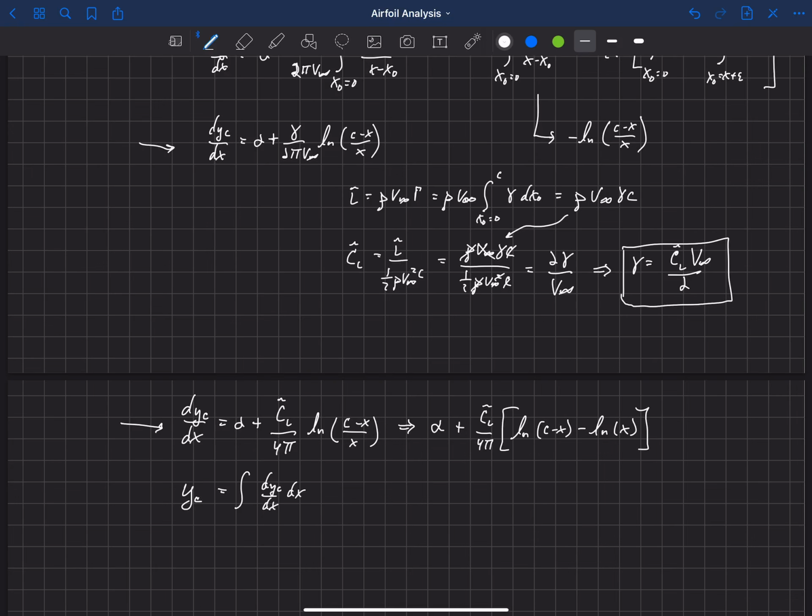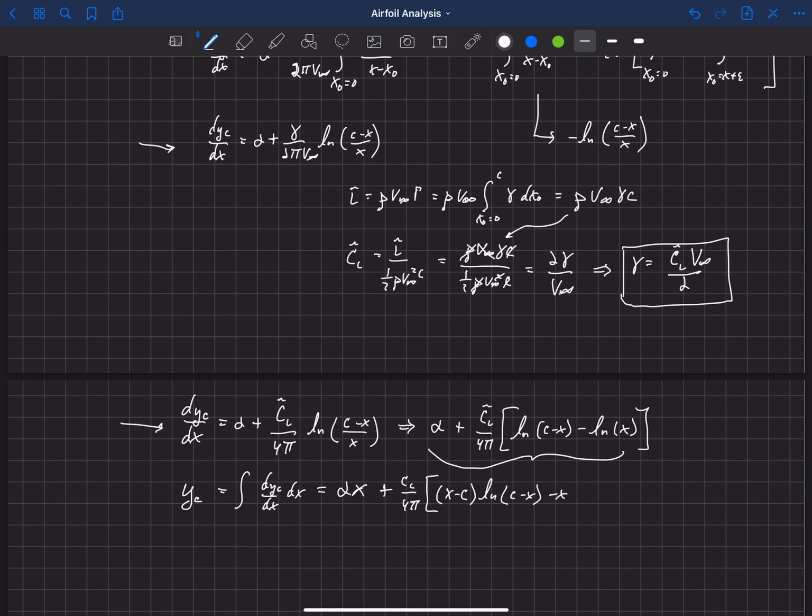When we do, we get alpha times x, when we integrate that first term, plus CL over 4 pi, and the integral of the natural log of some constant minus x is simply x minus c times the natural log of c minus x.